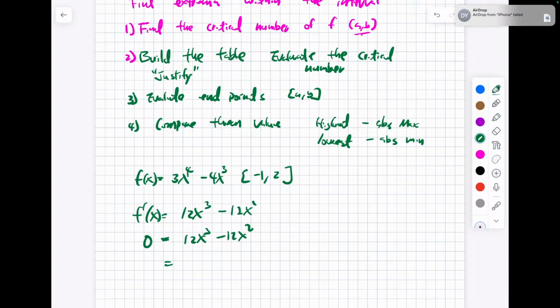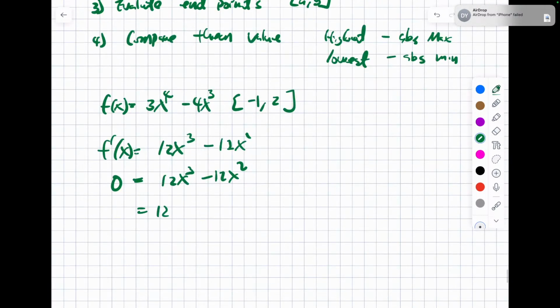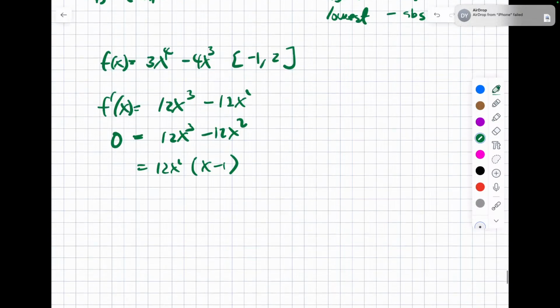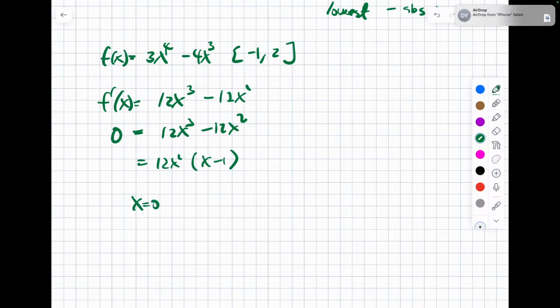Usually a negative GCF helps. For example, in that question you just did, it's going to be -4, not -16, because -16 is not factorable. So it's going to be 12x squared times (x minus 1). That gives x equal to 0, and x minus 1 equal to 0, so x equal to 1. So there are 2 critical numbers.